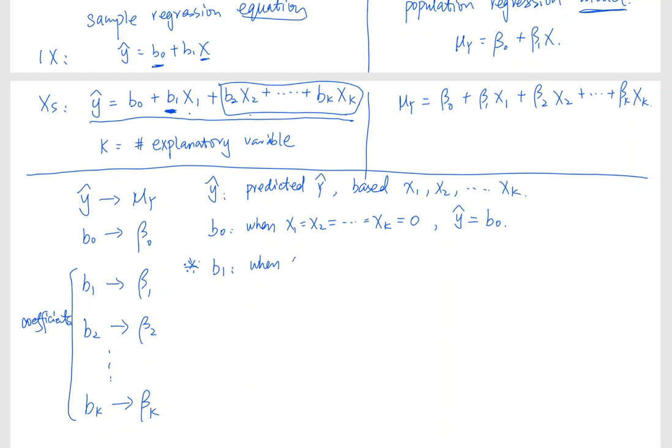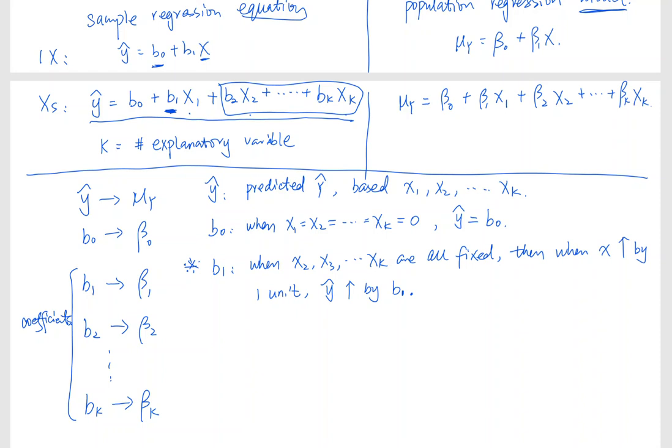So we say when x2, x3 until xk are all fixed, that means there will be no change for these terms. And then when x1 increases by 1 unit, the y hat, the predicted value of y, will increase by the slope, which is not the slope, the coefficient b1.